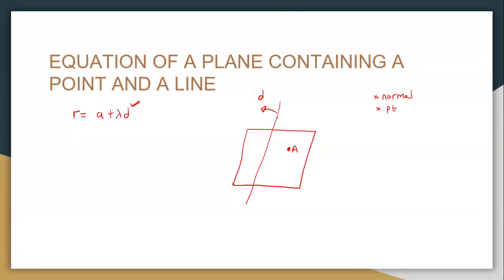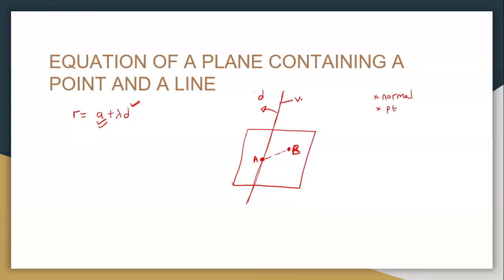So what do we do? Since we have this point A, which is a point on this line, let me call this other point B. In order for us to find the normal, I'm going to look at this point A and the point that has been given to us, and I join them such that I have two vectors.